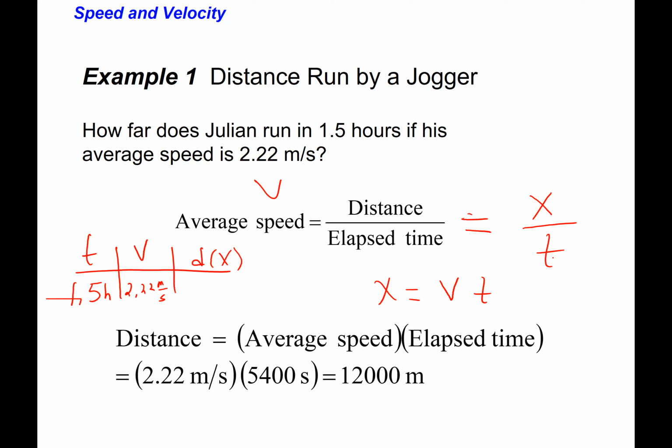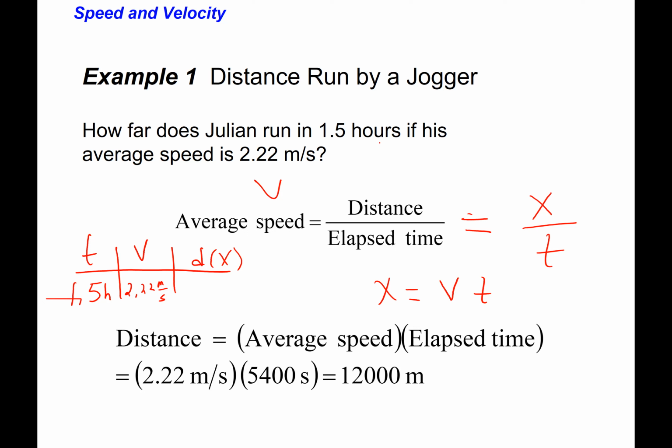Now, it's important to know what will be the unit that we're finding our distance in so that we can make the appropriate changes if necessary. In this case, we need to first change our time into seconds because we have our speed in meters per second.